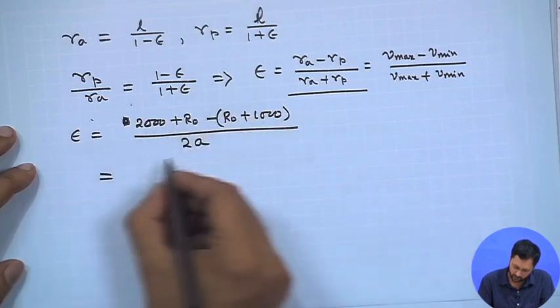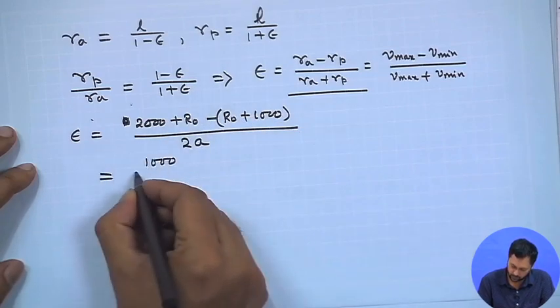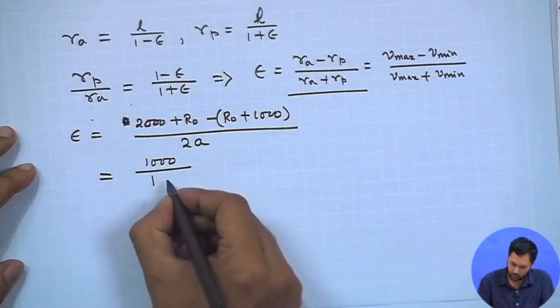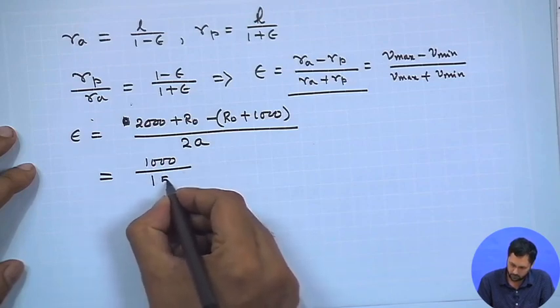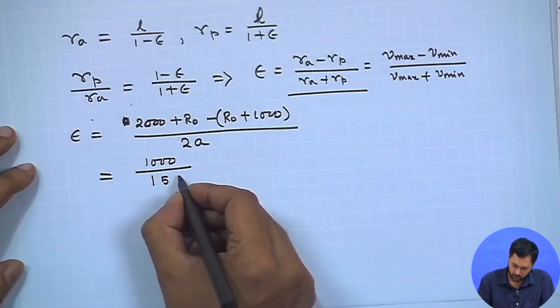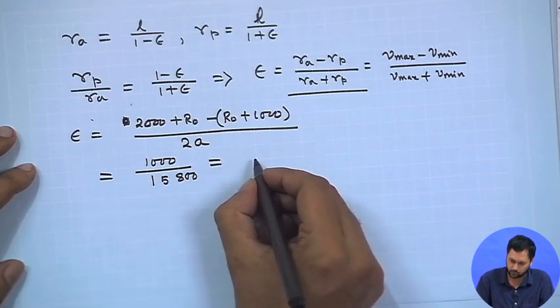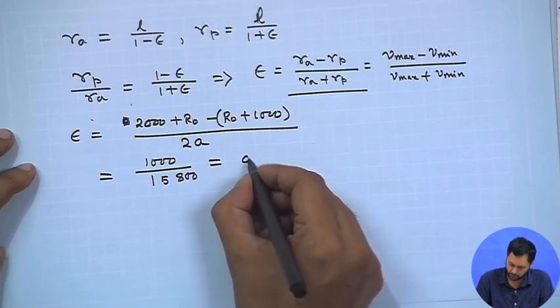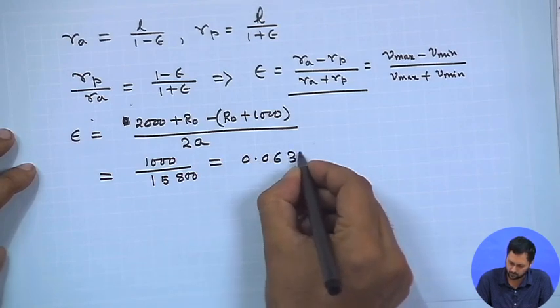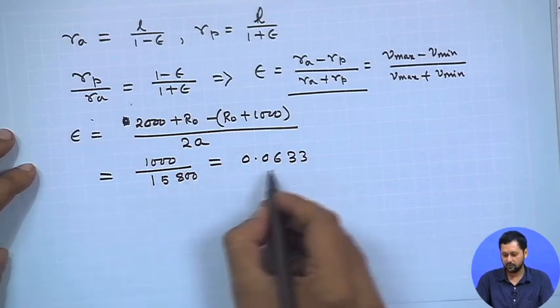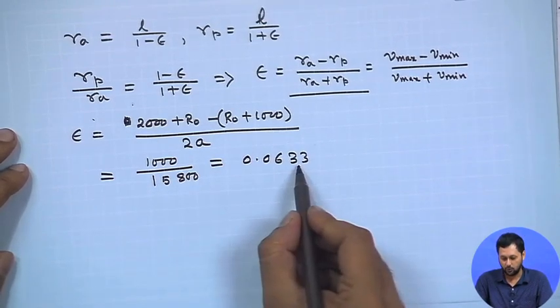Here R_0 cancels. So, it is 1000 divided by 15800, which is approximately equal to 0.0633.